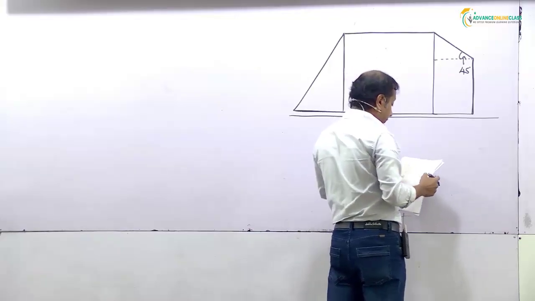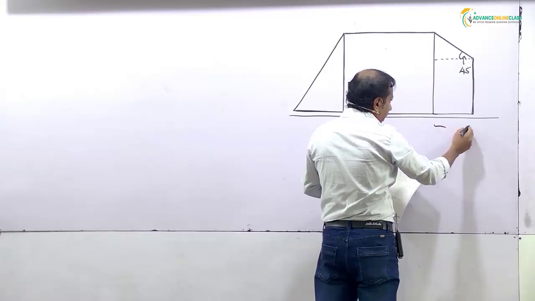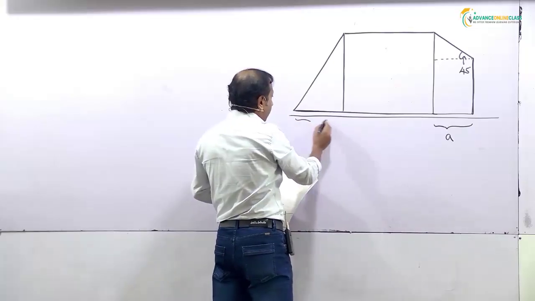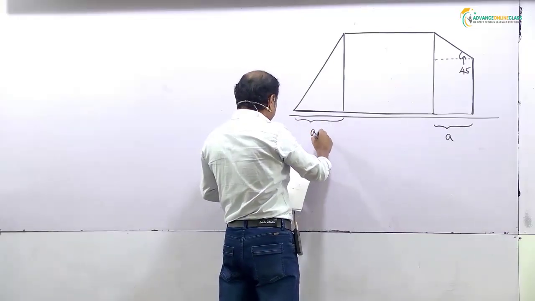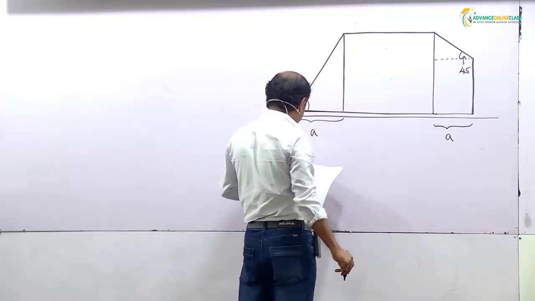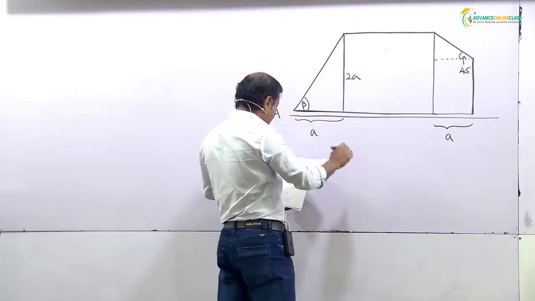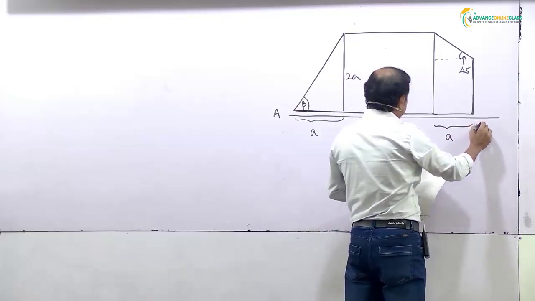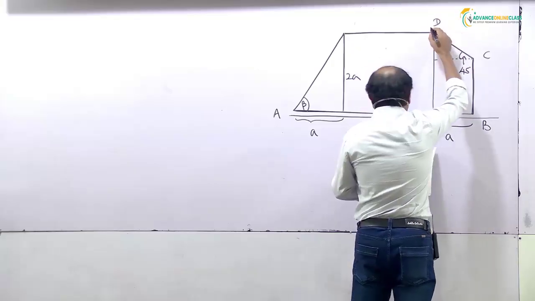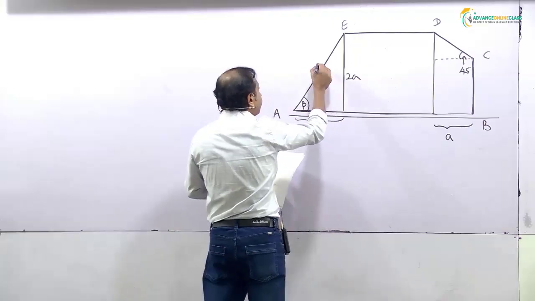Length given as A. That's not important to us to take down. So it's also A. This is beta. Here capital A, B, C, D, E.